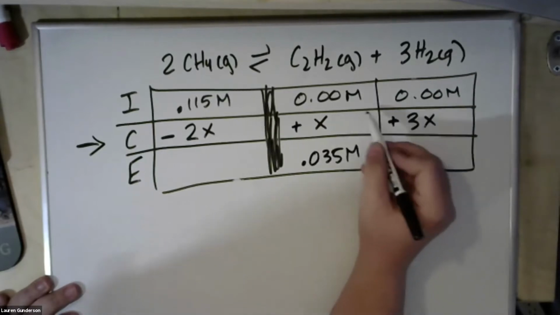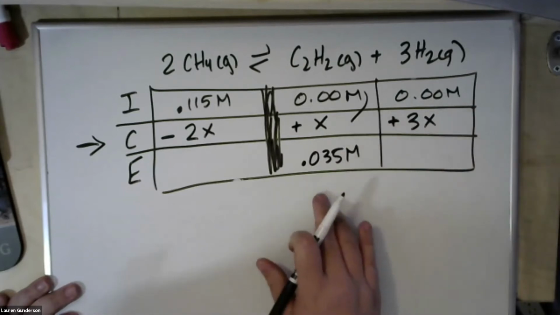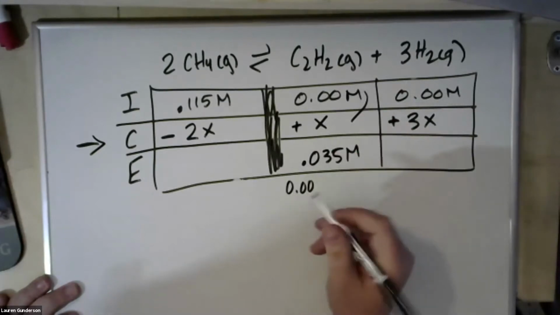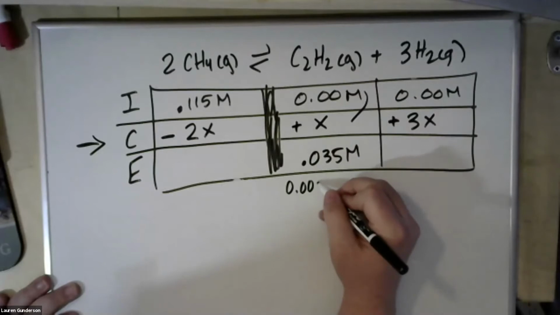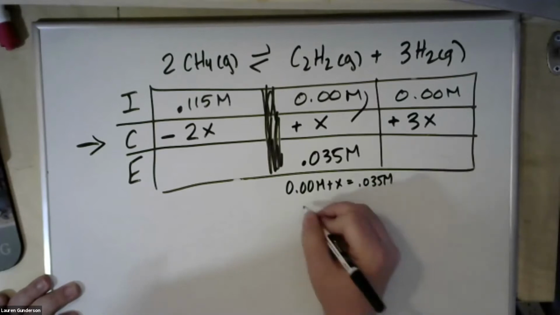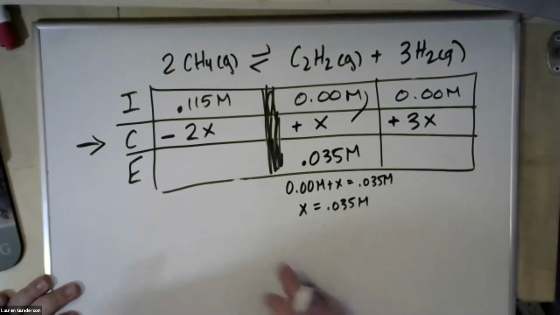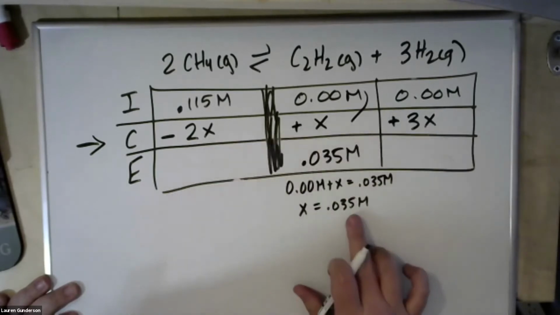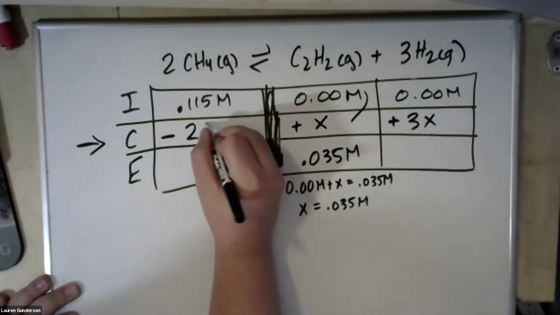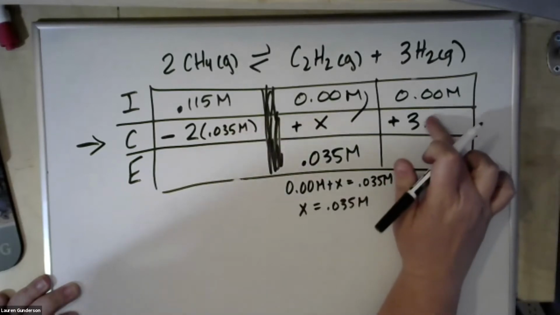In this case, they again very nicely gave us an easy X to solve for here. Because when we look at these two rows here, 0 molar plus X is going to equal 0.035 molar. That means that our X value equals 0.035 molar. So everywhere there's an X in our change row, we can substitute in 0.035 molar now. So we'll substitute that in over here and over here.